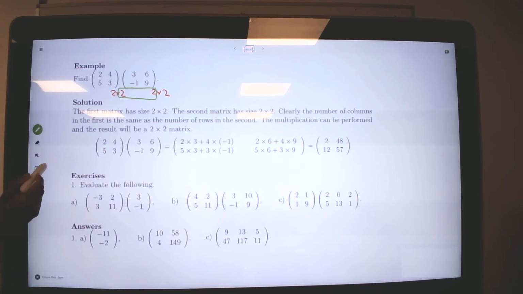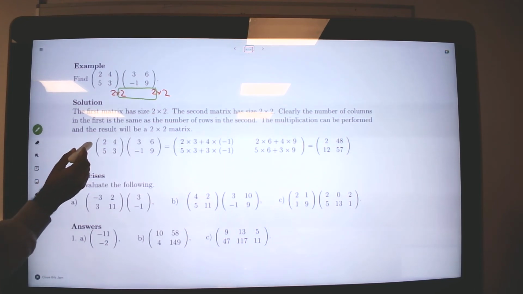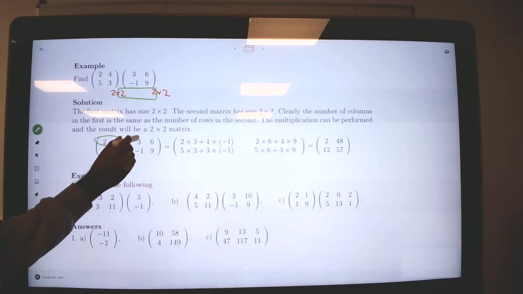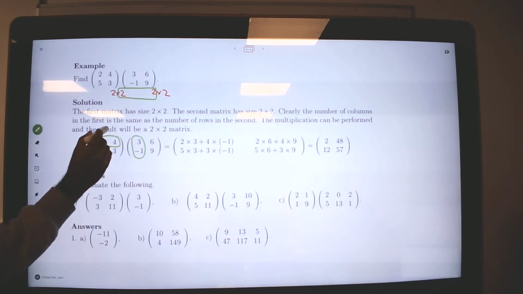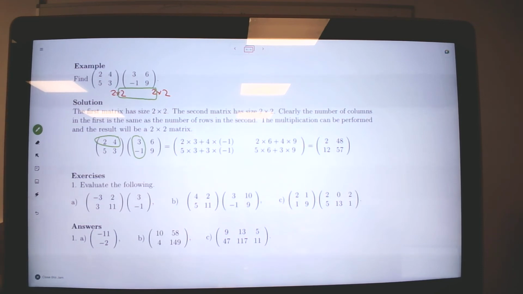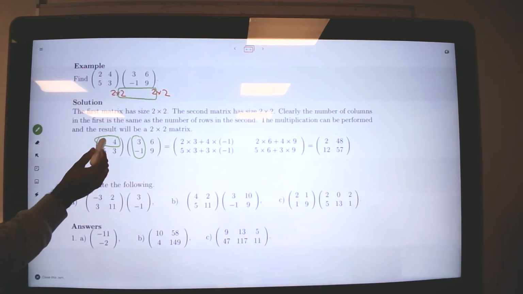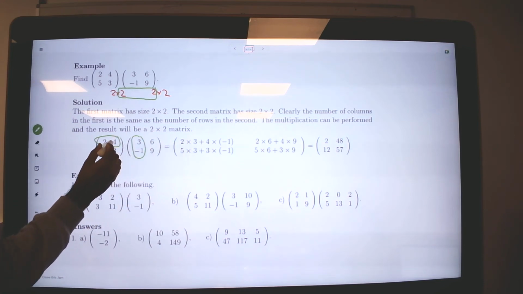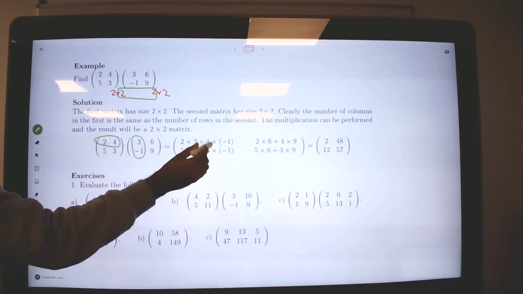When you multiply the matrices, you multiply like this. This row multiplies with that column. So you write down 2 times 3 plus 4 times minus 1.